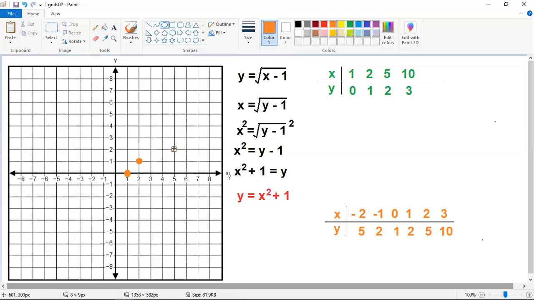And we don't have a 10 here, 9, 10. So if we'll be plotting that, it will be over here with a 3. So that's how to plot that. We just connect the points. We connect the points and we get this graph. That's the graph of y is equal to the square root of x minus 1.